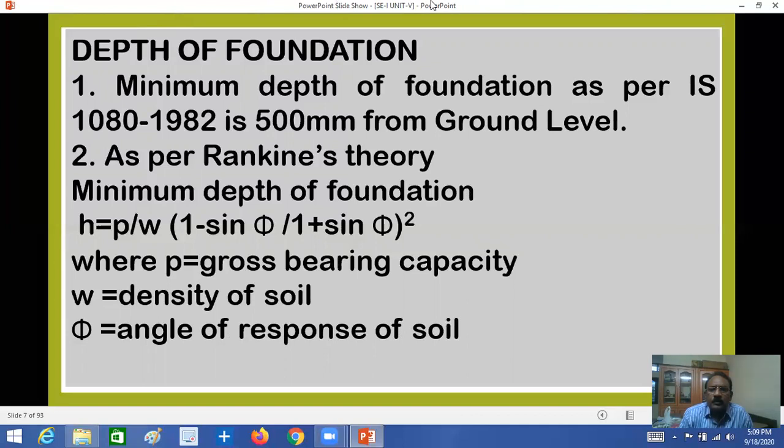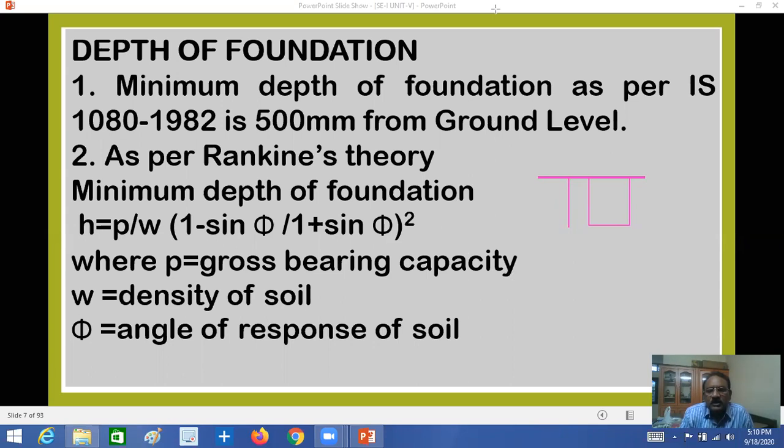Suppose this is the foundation and this is the ground level; the minimum depth from the top surface to the foundation is 500 mm.